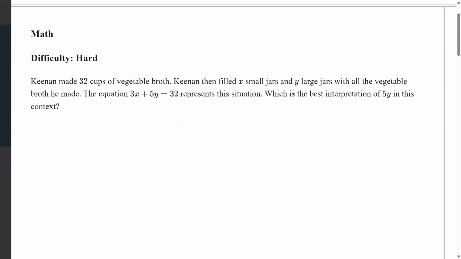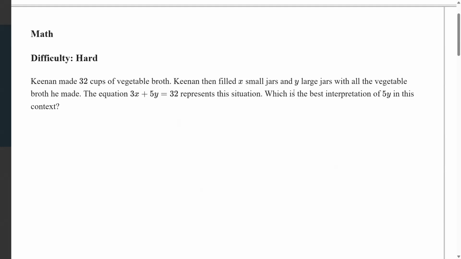5 is the number for each large jar. Then he filled x small jars and y large jars with all the vegetable broth he made.